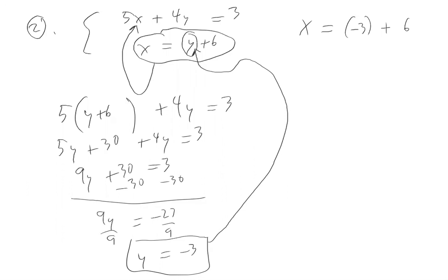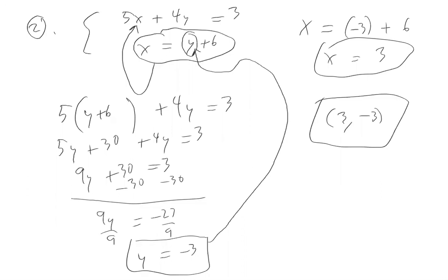So x equals negative 3 plus 6, and negative 3 plus 6 is positive 3. So you get x equals positive 3. Then you put the x first and the y next, so the solution is the ordered pair (3, negative 3), with the parentheses around them and the comma between them. And now let's try to do problem 3.